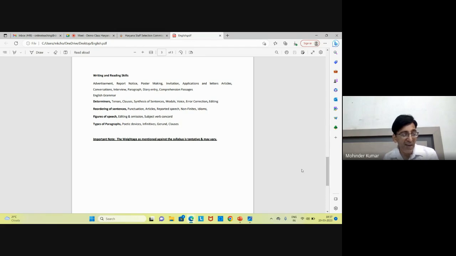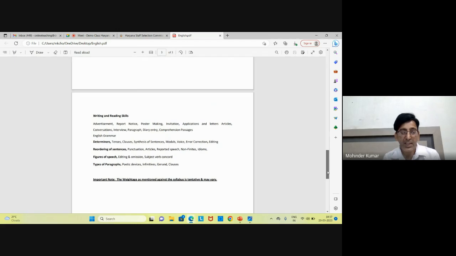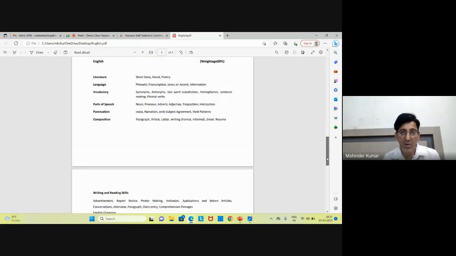He or she must have the mastery of writing skills, for example advertisement, notice, poster making, letter writing. Okay? Similarly, they must have the mastery over figures of speech, pronunciation, phonetic transcription, intonation. So that's a wonderful syllabus for the first time that has been set by Haryana government.